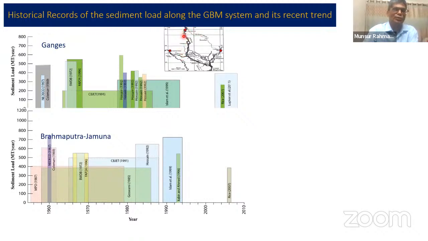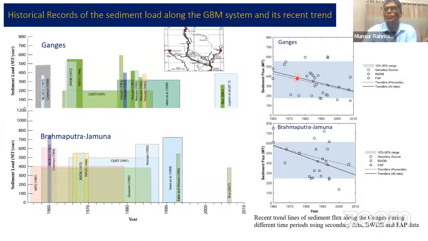Similarly, along the Jamuna Brahmaputra at Hardinge Bridge, we have similar variability in the records. Using the data from BWDB, we constructed a trend line for the average sediment. We found that the sediment load in the Ganges and in the Brahmaputra Jamuna system is decreasing, and the trend is also very alarming in these records.